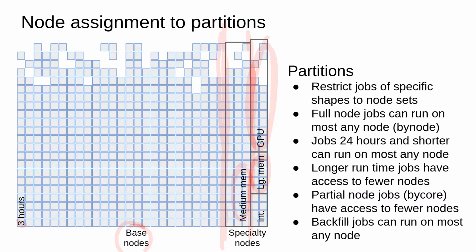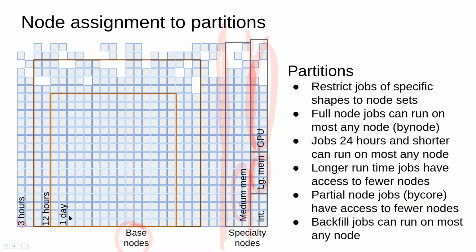This 3-hour thing is basically saying that all of these nodes will accept jobs that are 3 hours runtime or less. Now, it's possible that we'll have a smaller subset at 12 hours and then 1 day. But currently, actually, the 1 day partition, that subset of nodes, is actually the same as the 3-hour. Okay?